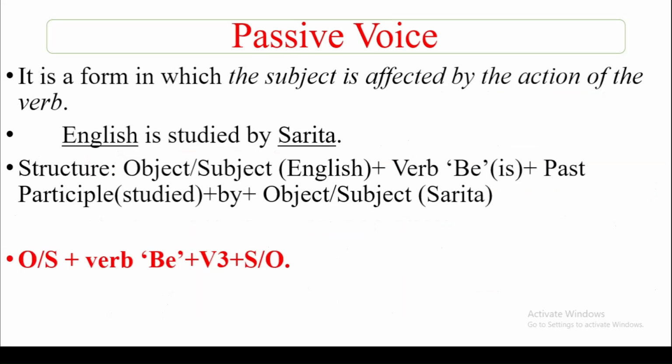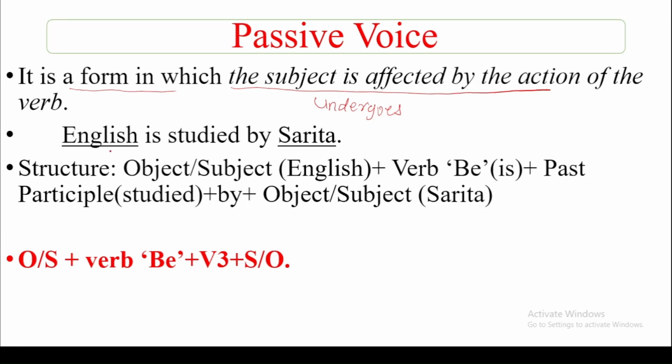Now let's talk about passive voice. What is passive statement? Passive statement or passive voice is a form in which the subject is affected by the action. It means the subject undergoes the action.